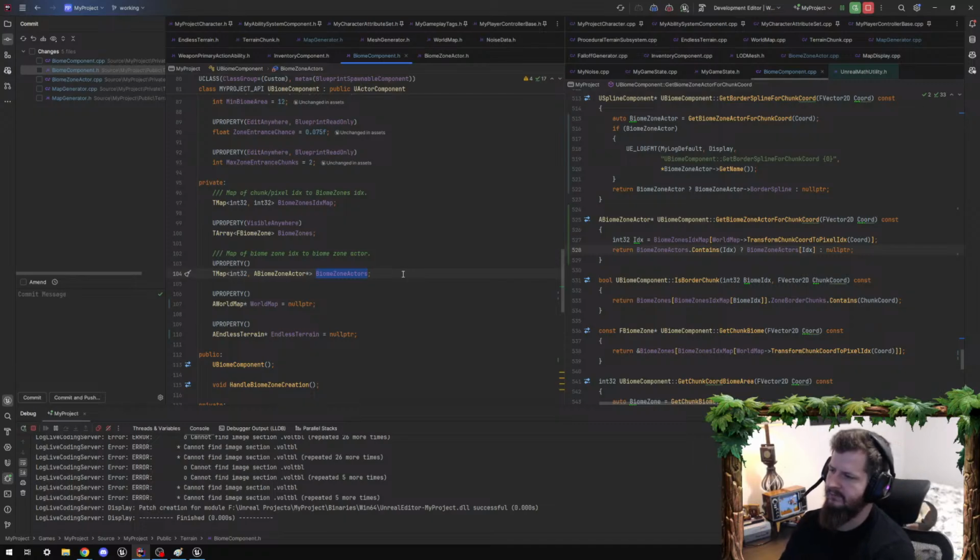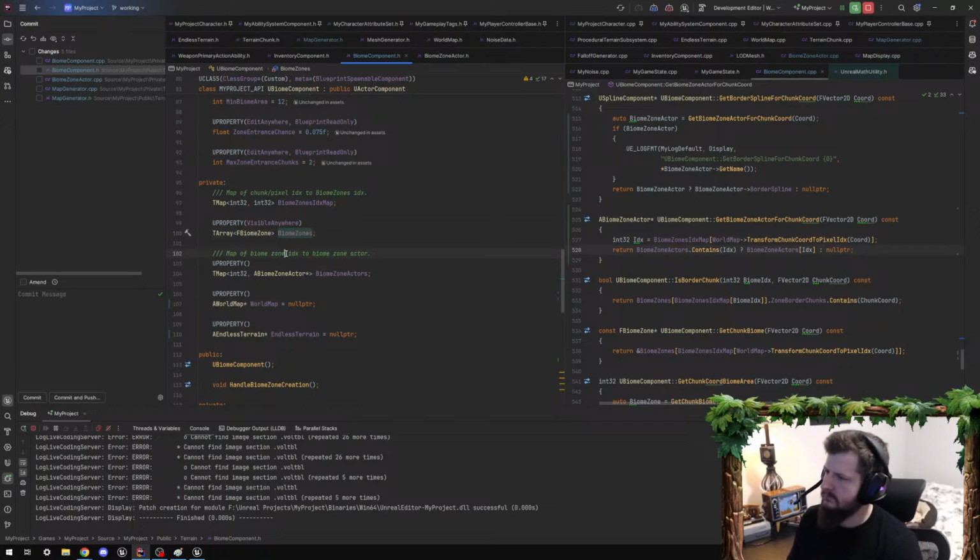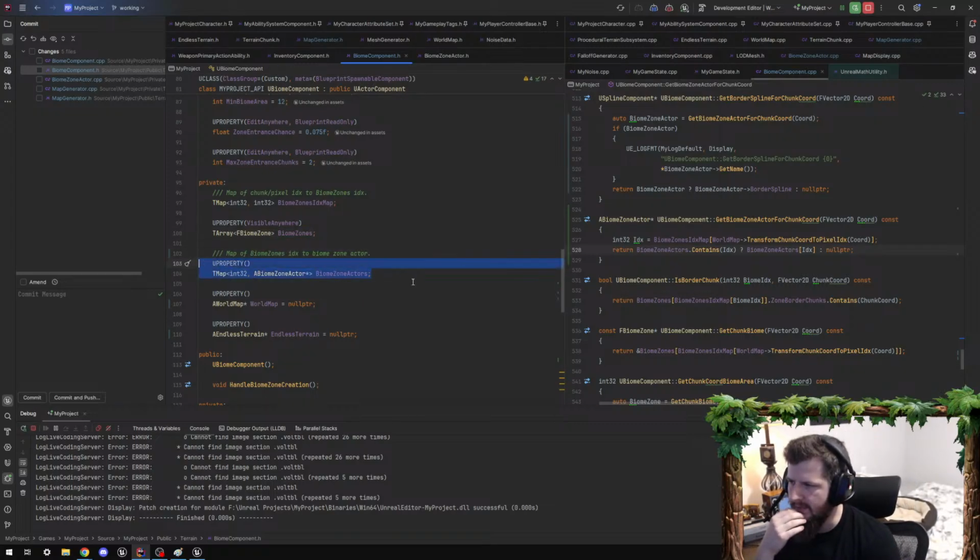It's a map of biome zone index to biome zone actor. This is a map of chunk pixel index to biome zone index. I just checked how I was setting that up, and that looked correct.